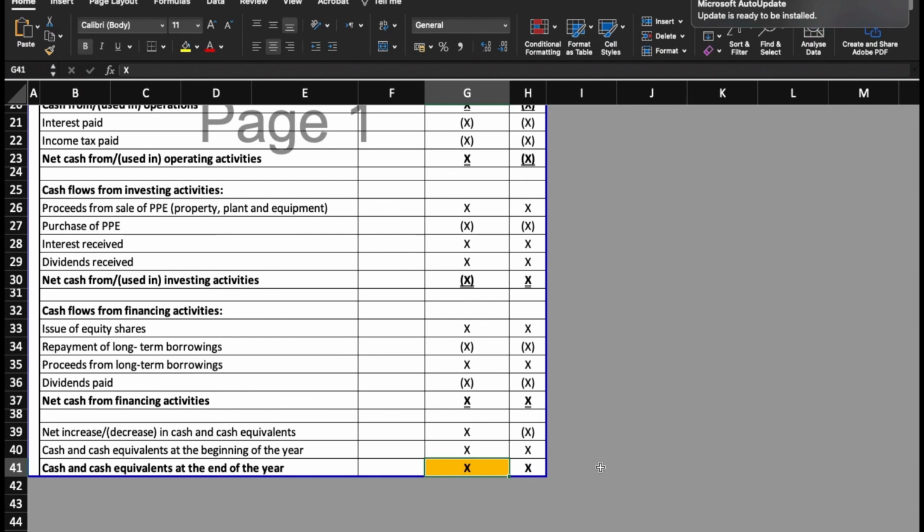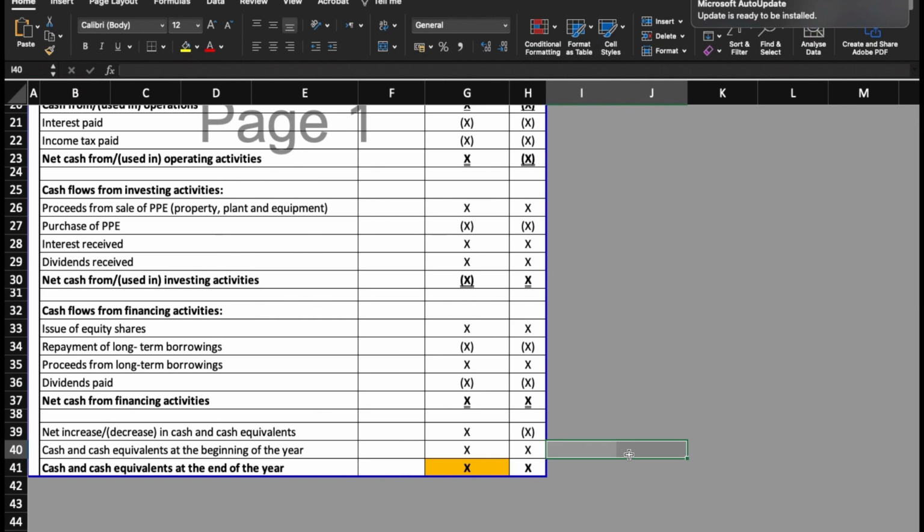So how do we calculate this one? If you go to the financial position, the cash and cash equivalents would be cash on hand plus cash at the bank, and cash equivalents, any sort of short-term instruments, minus the bank overdraft, in case you have one.